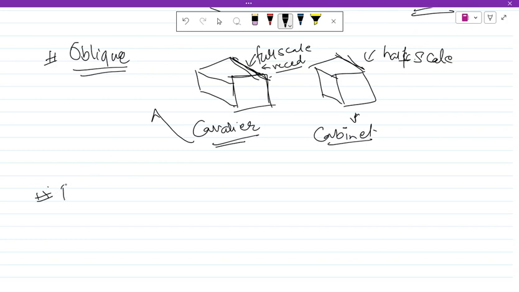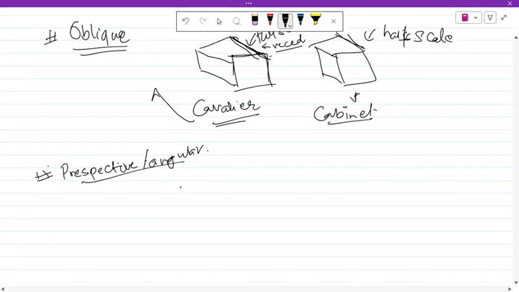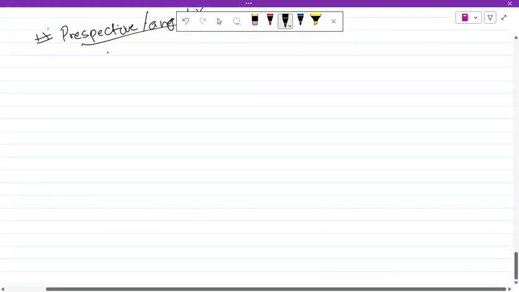We will talk about perspective projection or angular projection. Perspective or simply angular projection. There are three types of perspective projection.